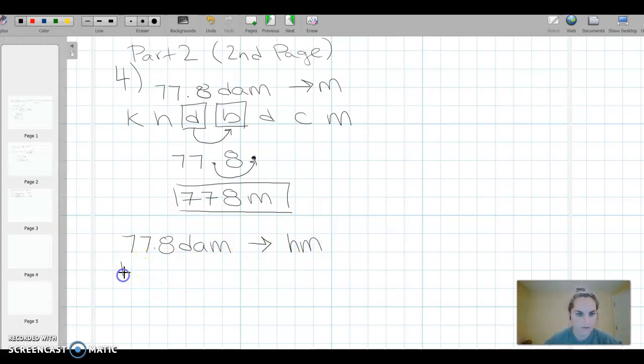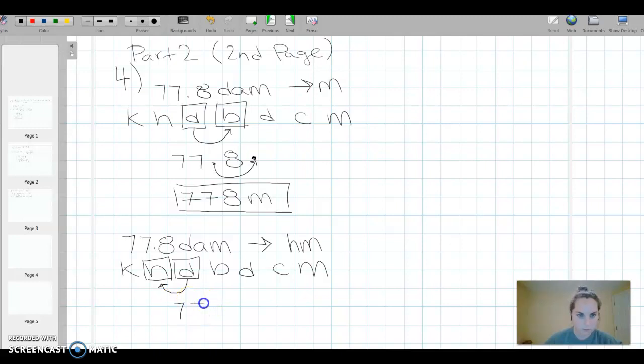Again, King Henry died by drinking chocolate milk. We have to recognize that we are starting from deca, and we want to get to hecto. That is one step up from deca, so we have to move to the left 1 point, or 1 decimal place.